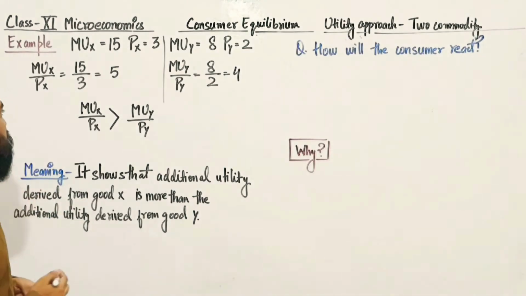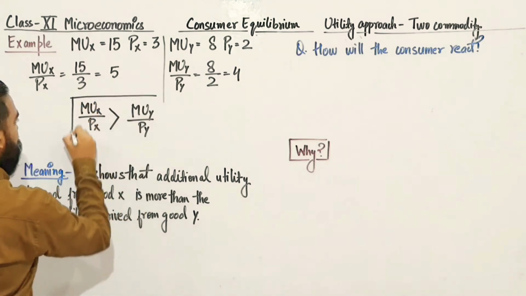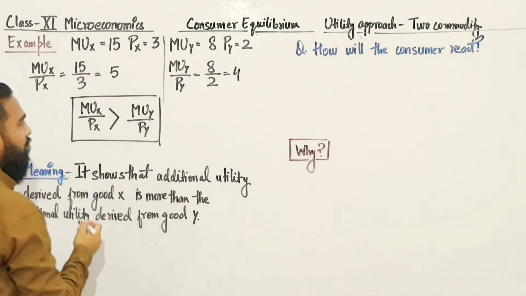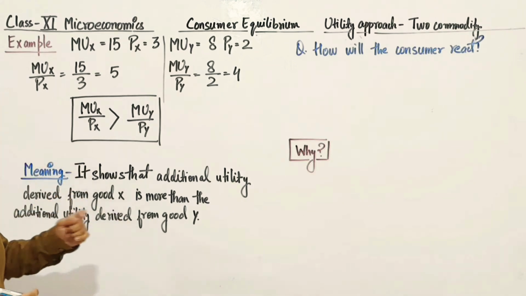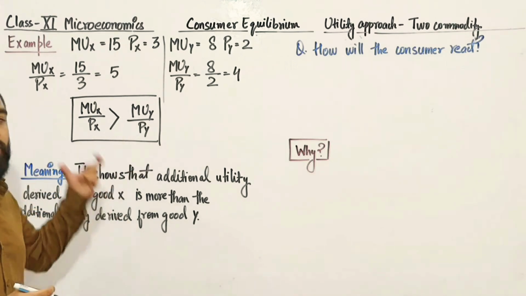Here, the scenario is MUX upon PX is greater than the value of MUY upon PY. Now, what does this mean? What does this equation show?